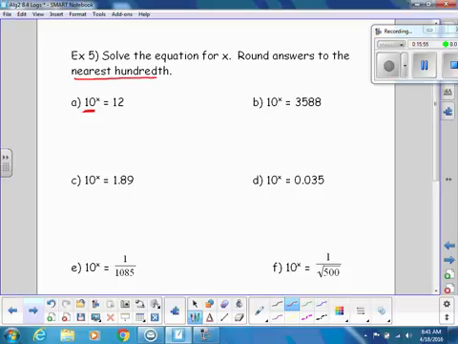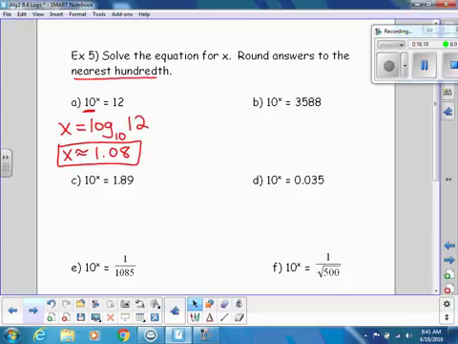So I'm going to start, x is my exponent, so I'm going to have my exponent equals log base 10 of 12. So this is just like what we just practiced in a calculator. So I'm going to type in log of 12, and that gives me that it's about 1.08. So I have solved this equation with the x in it by using my logarithm.